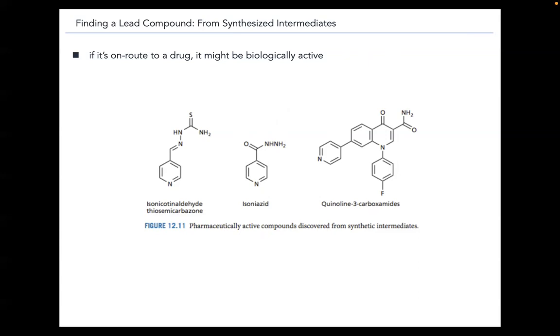So one key area now is that every intermediate that pharmaceutical companies make, they submit to screening across a number of different targets, but definitely on the target they're after. There are two important aspects to that. One, you might identify a new drug, and two, if 5 steps into a 10-step route it does essentially the same thing that the 10-step route compound does, think about the amount of money you save. That's a really exciting space.